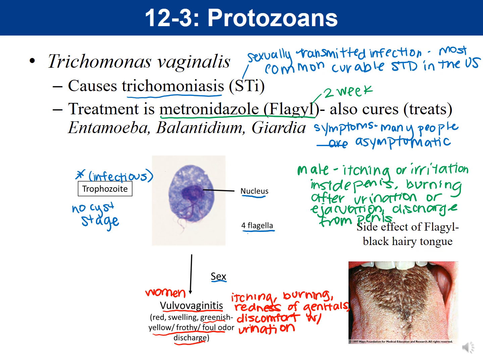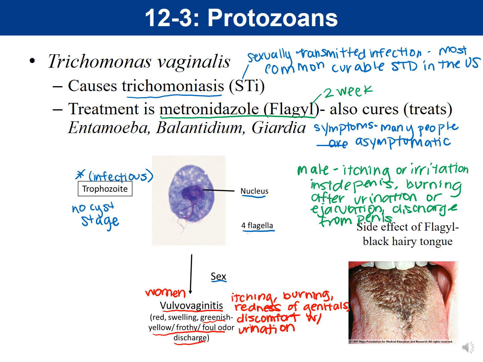To avoid becoming reinfected, if you test positive for Trichomonas, you would need to start the Flagyl, and both sexual partners would need to get treated and wait 7 days after treatment until resuming having sex. Because if you don't wait and you keep having intercourse, you're just going to keep passing the organism back and forth. So both partners need to get treated, and you need to abstain from sex for about 7 to 10 days before resuming sex so that you prevent getting reinfected.